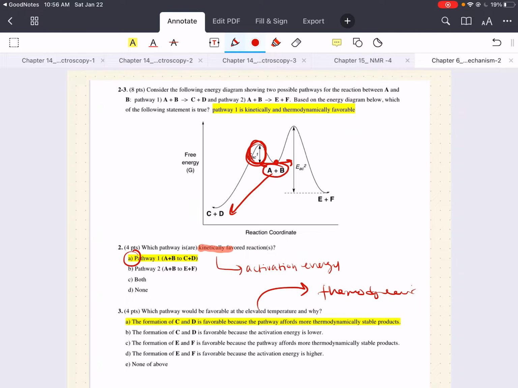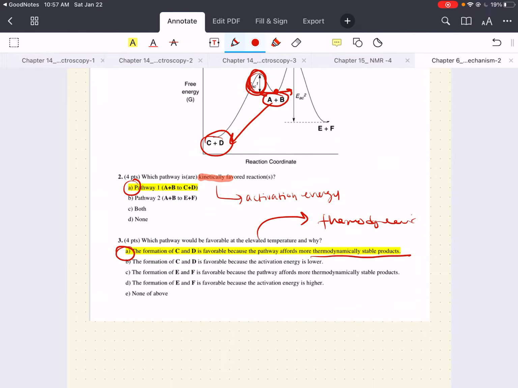Which one of these reactions leads to more stable products, ones that are lower in energy? That's again going to be our AB to CD products. So the formation of CD is favorable because the pathway affords more thermodynamically stable products. And so in general, pathway 1 is going to be kinetically and thermodynamically favorable.